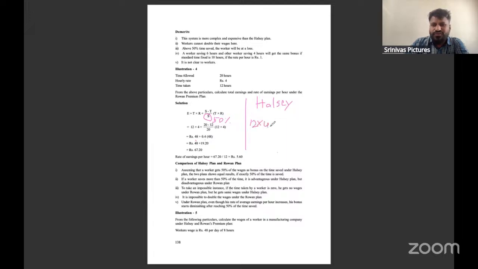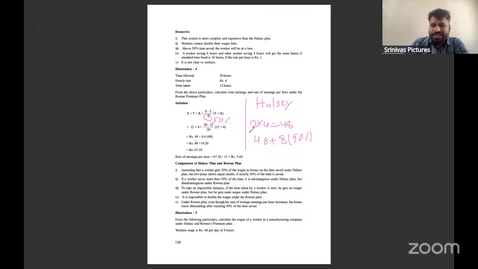4, 48 as usual. Okay, that 48 plus whatever time is saved. 20 minus 12, that is 8 hours is saved. For this 8 hours, 50% of money we are going to pay.